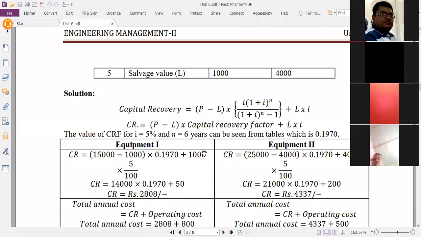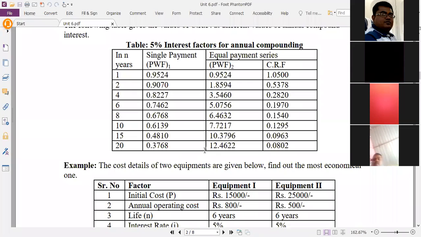If I go to the previous table, for 6 years the value of CRF is 0.1970.